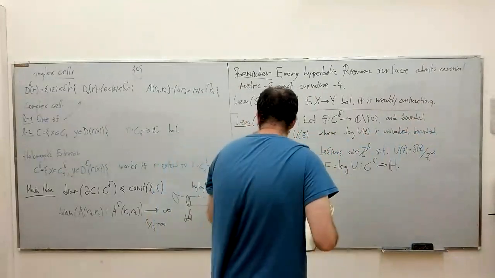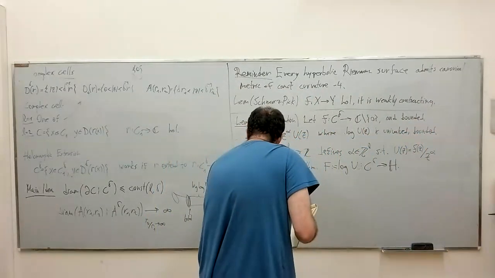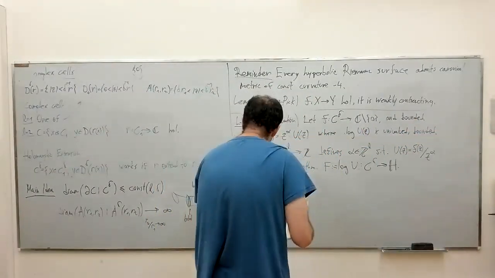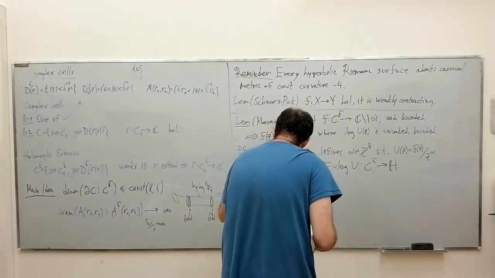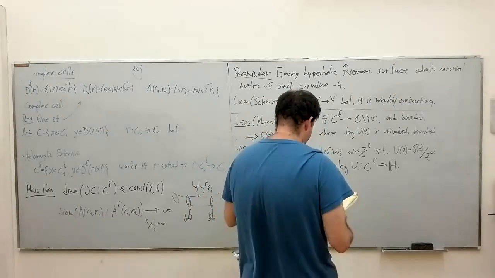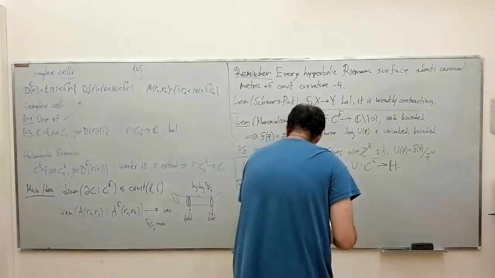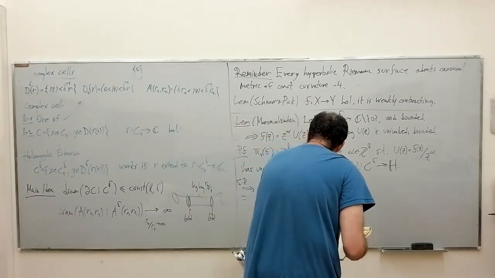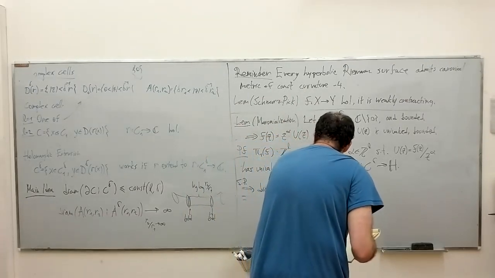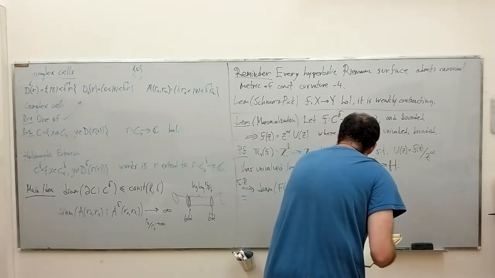And then what I get by Schwarz-Pick is that the diameter of F applied to the boundary of C in H is less than some constant.